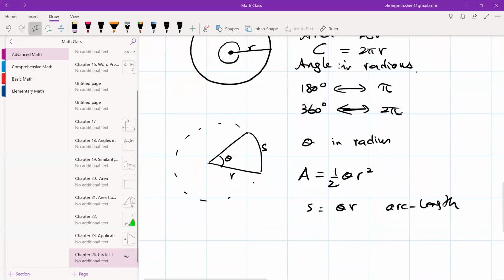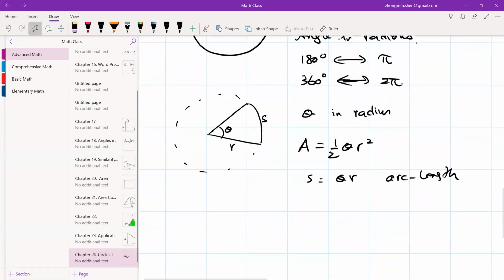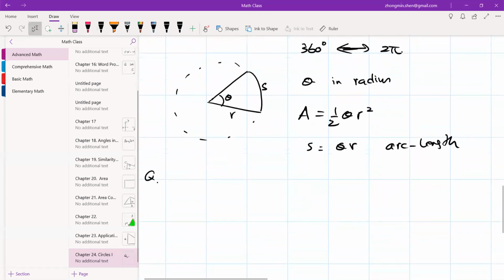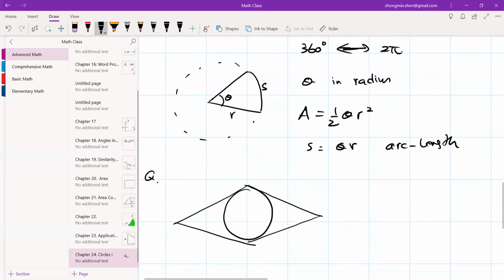The first problem I want to discuss is the following. This is a picture here. We have a circle, and I draw two identical triangles. We are given the following information. It's symmetric: these two are the same, and all four sides are identical.